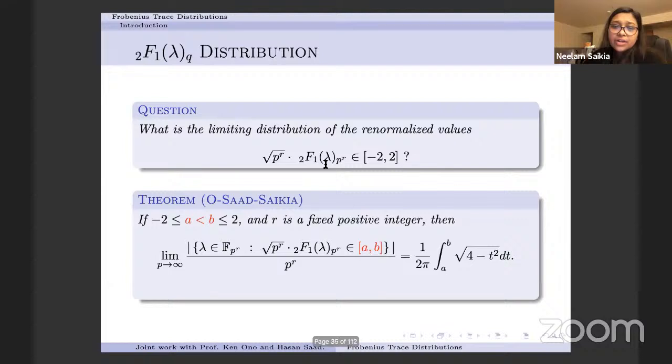Then we would like to study the distribution for this hypergeometric function. And here we have our first theorem.